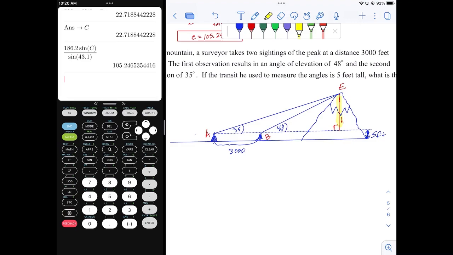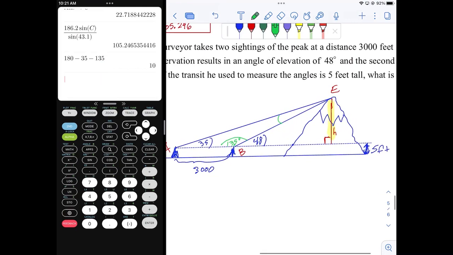That's a right triangle. But for a right triangle, I need two pieces of information, don't I? And I don't have two pieces of information. I have an angle for each one. There's two right triangles, the big one and the small one. But let's go ahead and finish off some of the angles. If this is 48, the angle opposite here has to be what? Which is 135. And now this shallow angle up here should be 180 minus 35 minus 135. Oh, 132. Yeah, sorry.